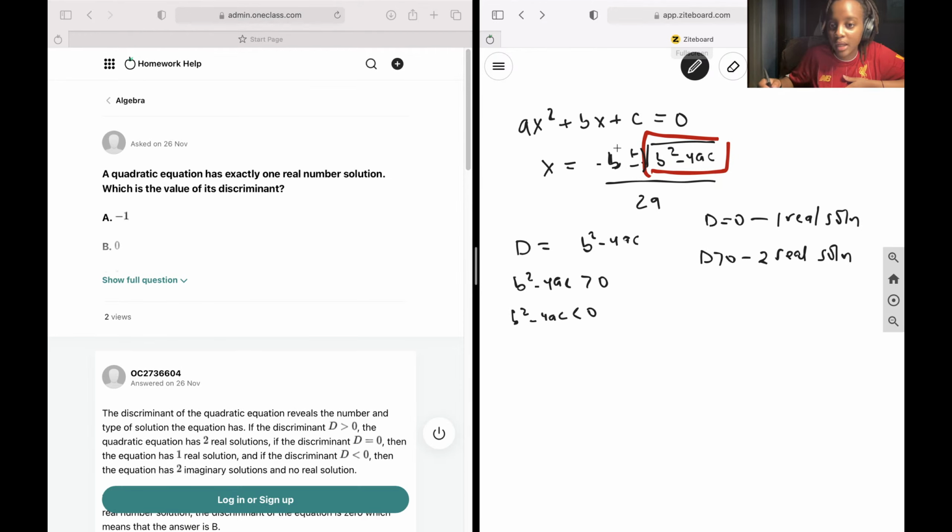And so you would get a real number plus or minus a complex number. And so that would mean that for d less than 0, we get two complex valued solutions. Okay, so we are told in this problem that the quadratic equation has exactly one real number solution. And so for one real solution, that means d is equal to 0 in order for you to get that one solution.